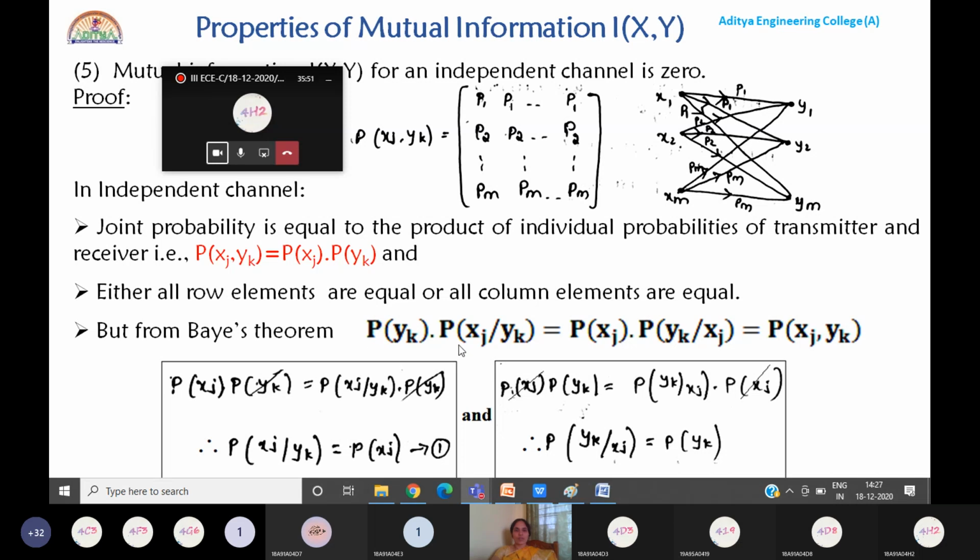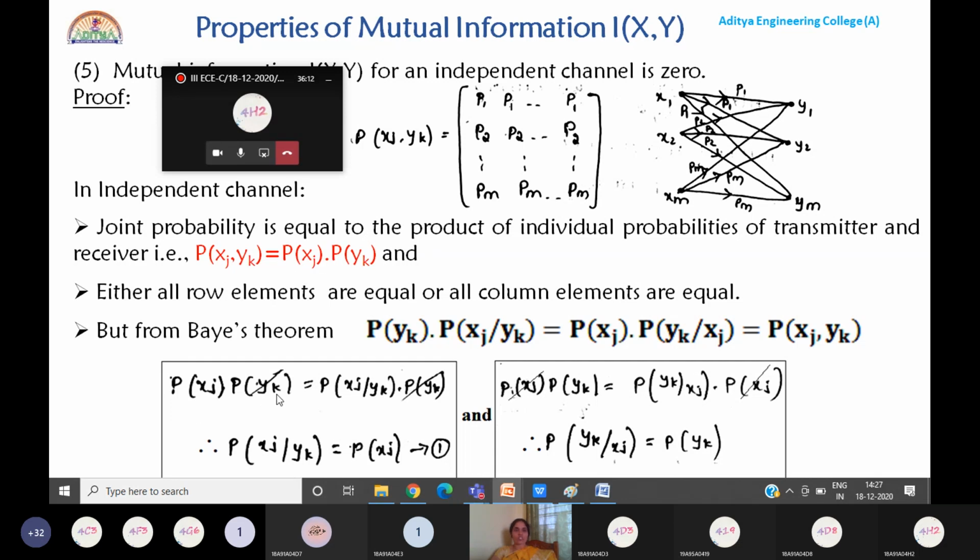I told you that by using Bayes theorem, we can replace P of xj comma yk as P of yk into P of xj by yk, and here the joint probability is the product of P of xj and P of yk.